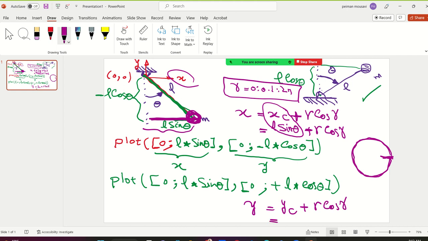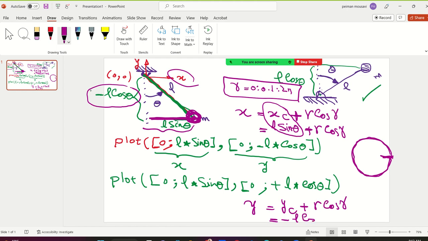Y of c is how much here? Minus L cosine theta plus r cosine gamma. Clear? Good. Now I'm going to MATLAB. I'm going to copy this here and make a movie. Okay?